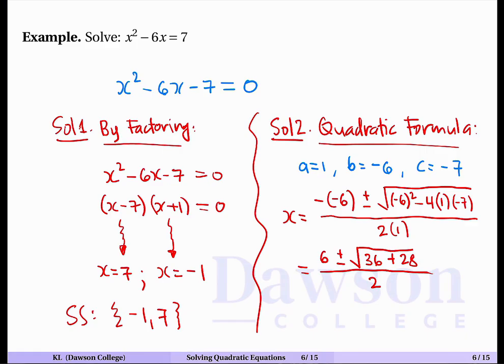And then 36 plus 28, that's 64. Plus 6 plus or minus square root of 64 over 2. But square root of 64, that's 8. So you will have 6 plus or minus 8 over 2.